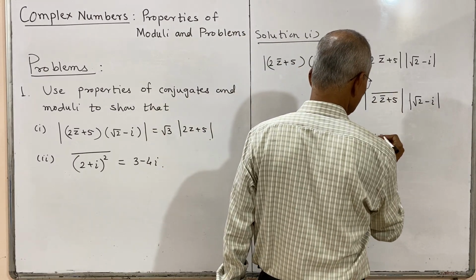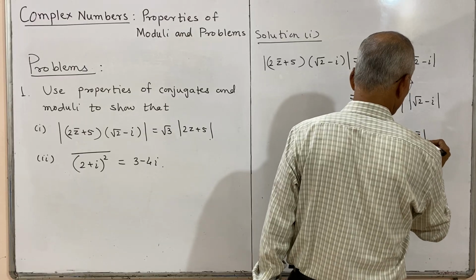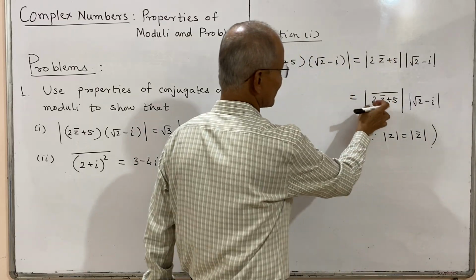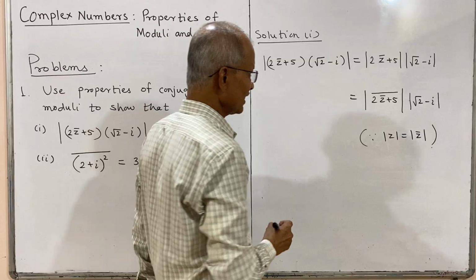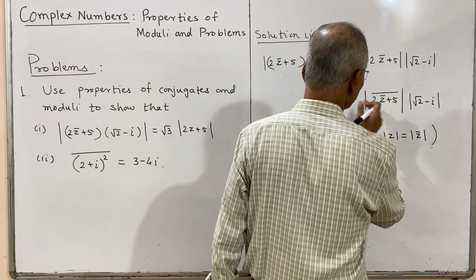Why can this be changed? Because we know mod z is equal to mod of conjugate z, so we have taken the conjugate of it. Now what is the conjugate using the property of conjugate?